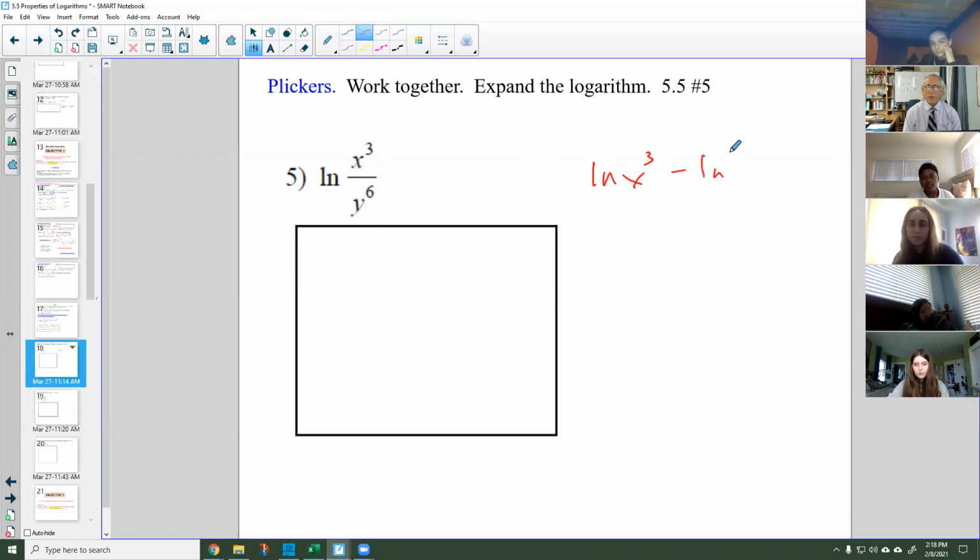That's a good place to start. Yeah, that's what I meant. And then here's where I went wrong. I did the power one, so I did 3 ln x minus 6 ln y. And that's where I can't go any further. That's where I got stuck.